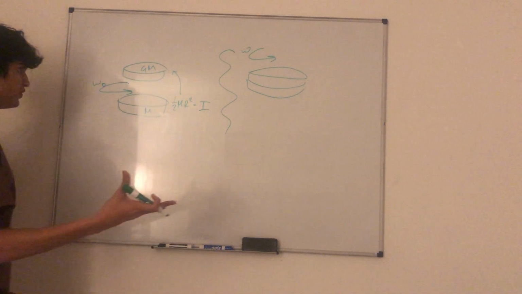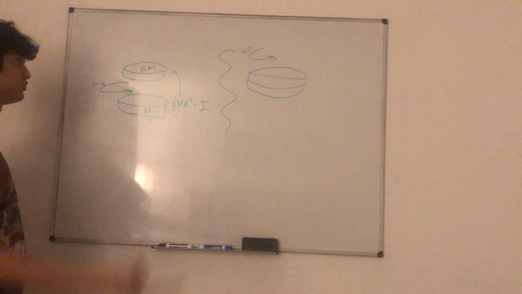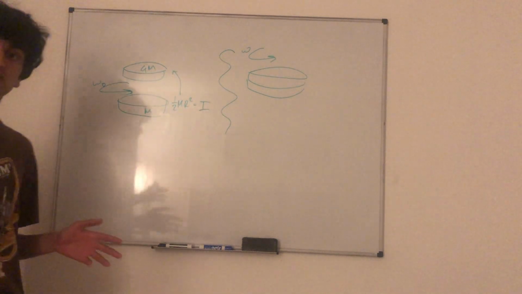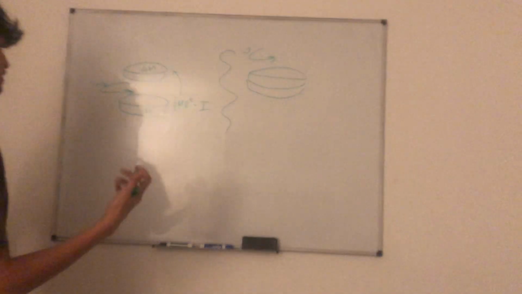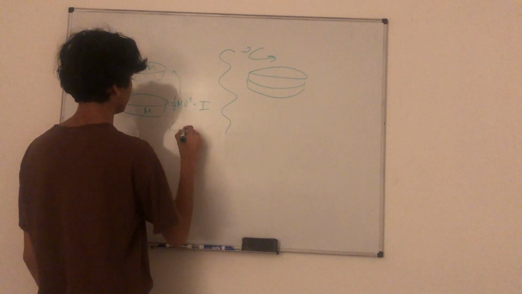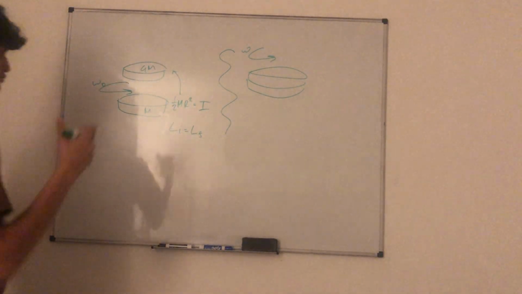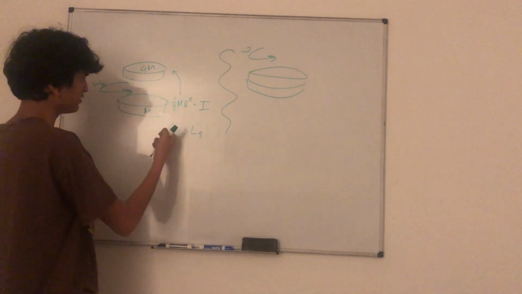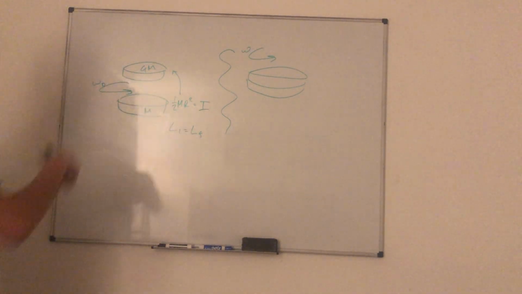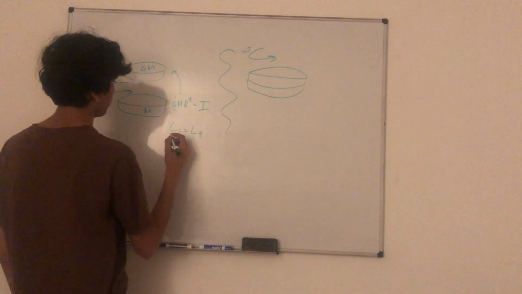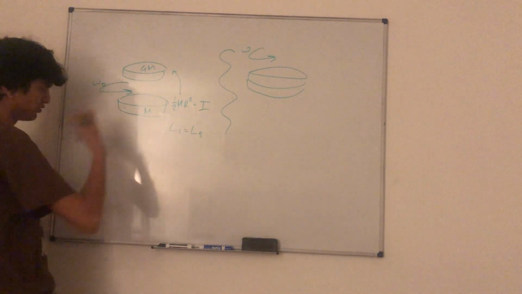So what we would do is say for the whole system, for the 2 disks, angular momentum is conserved. There's no net torque. So L initial is going to equal L final. Initially, the only thing spinning in our system is the disk with the mass of m.